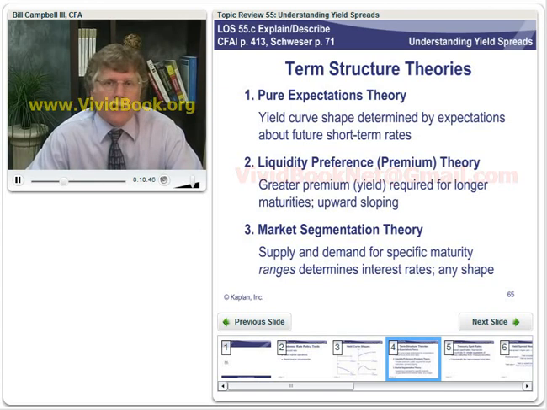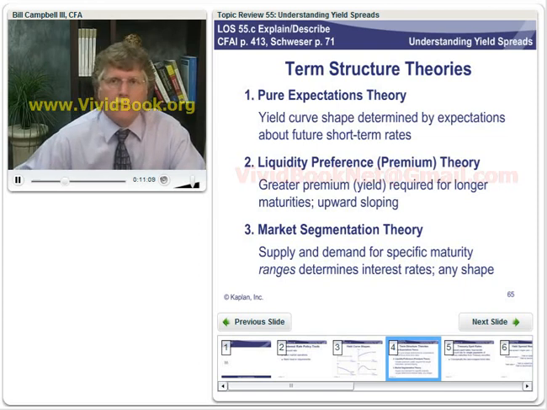Market segmentation theory can explain pretty much any shape to a yield curve. It's simply a matter of supply and demand. How much demand is there for short-term, medium-term, long-term bonds? The more demand, the higher the price, and the lower the interest rate, and so on. So these are the three theories for the term structure of interest rates.